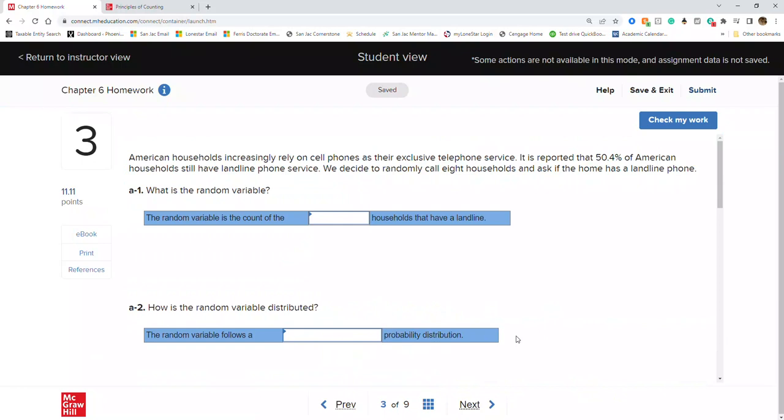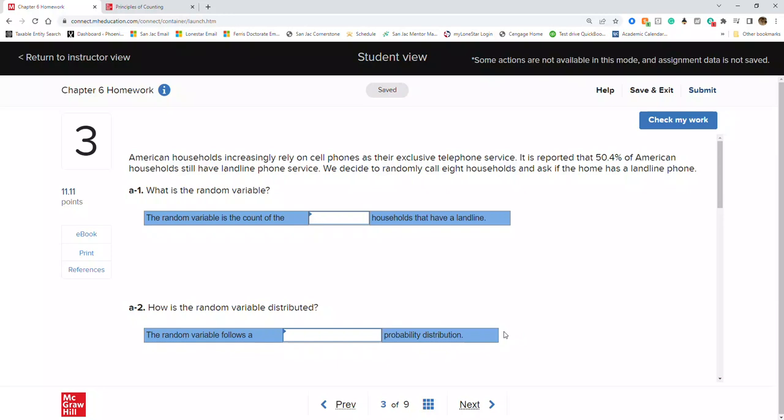Alright, so American households increasingly rely on cell phones as their exclusive telephone service. It is reported that 50.4% of American households still have landline phone services. We decided to randomly call 8 households and ask if the home has a landline phone. Alright, so again, we're pretty much looking at a binomial right here.